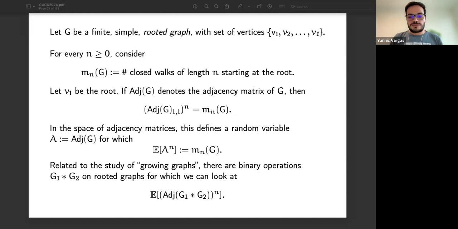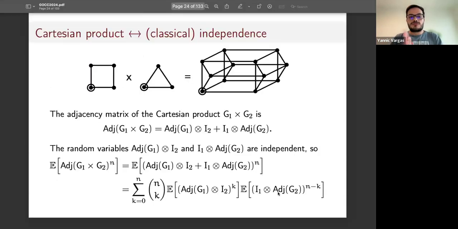So let me show you in practice what I said, which corresponds to calculating this expectation. Let me show you a couple of operations between graphs related to this growing graph topic. First, the Cartesian product, the classical Cartesian product. I take two rooted graphs and construct a graph in this way.